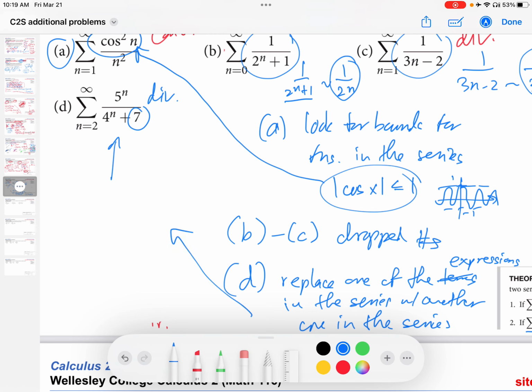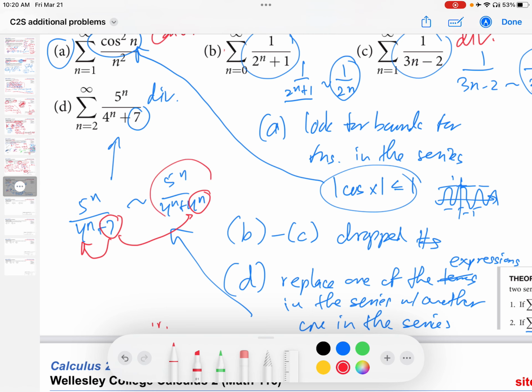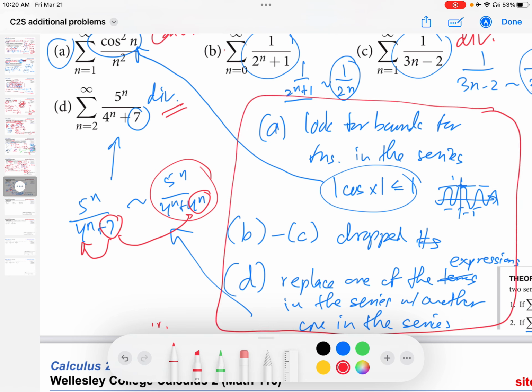What I mean by that is, if you look at what we ended up doing, we took this series, these terms, and compared it to this series. In other words, we replaced the 7 with something else in the series. We replaced the 7 with 4 to the n. And if you go back a minute or two, you saw how that actually helped us conclude that the series diverges.